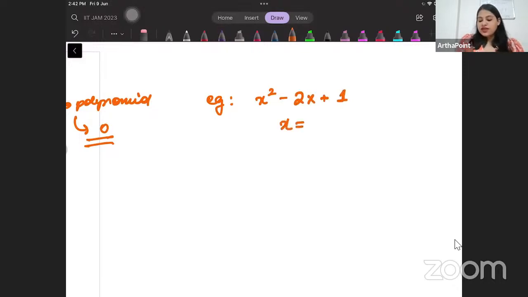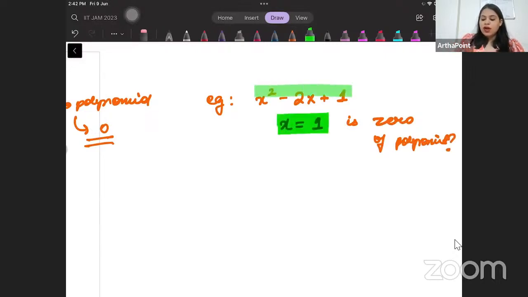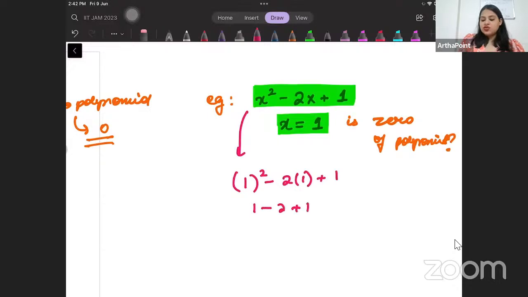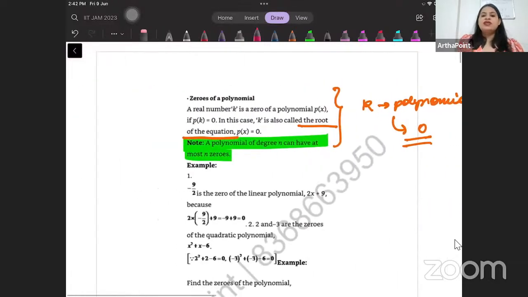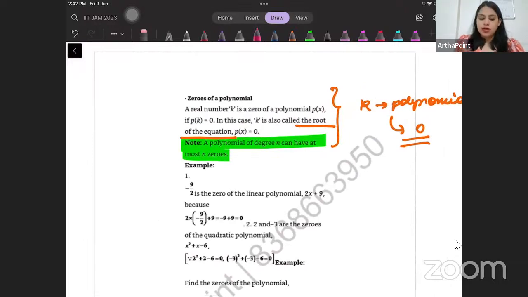I want to check whether x equal to 1 is a zero of the polynomial or not. It will be a zero if, when you put x equal to 1 in this equation, you get 0. So 1 square minus 2 into 1 plus 1 is 1 minus 2 plus 1, which is 2 minus 2, 0. So this is in fact a zero of the polynomial.